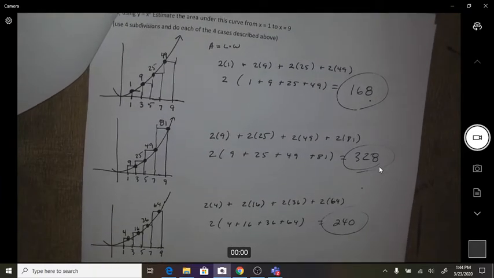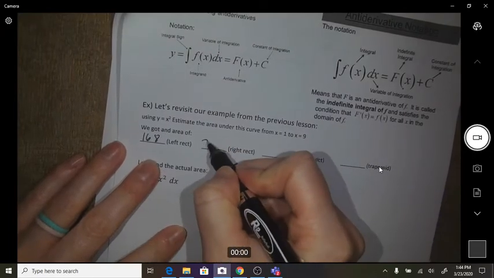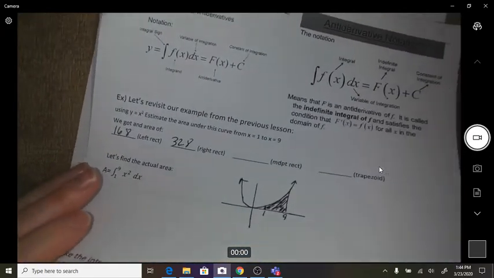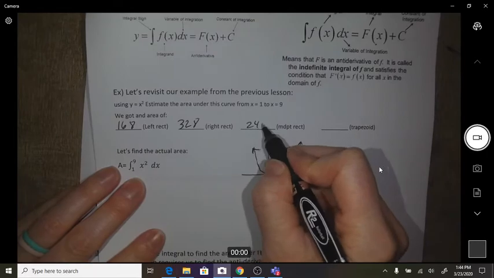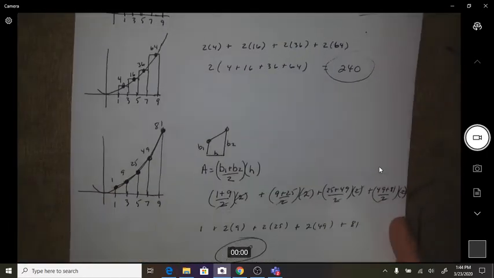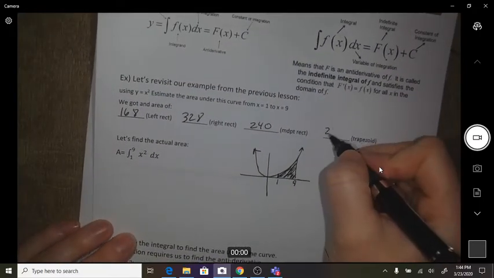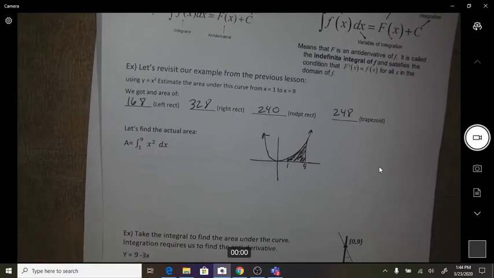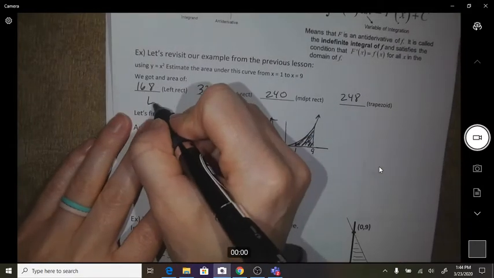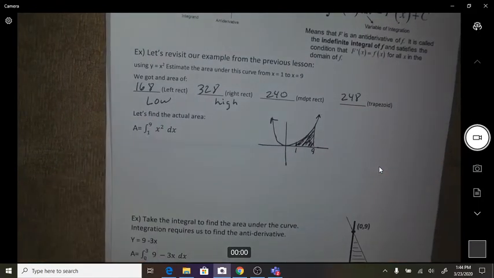We had 168 when we did the left, 328 for the right, 240 with the midpoints, and when we did the trapezoids, we had 248. Those were our area estimations. We knew that this was low, this was high, and these were closer to what we should get.